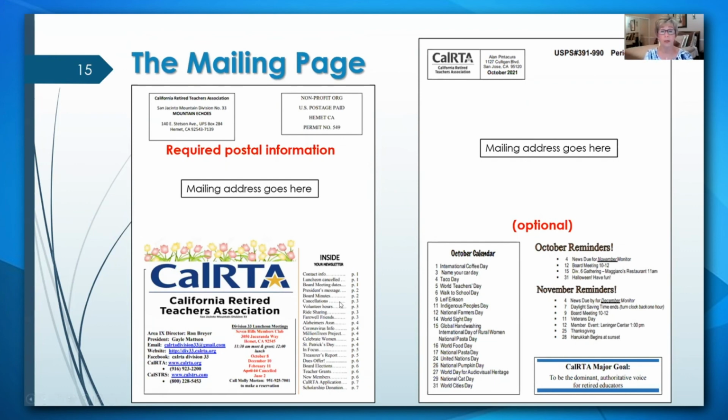You can have your table of contents here. You can have your calendar. Here they have CalRTA's major goal put in there. So you can customize this lower half however you want. So do whatever you need with that mailing page, but keep the upper portion reserved for this information. Leave space for that mailing label, and then customize the bottom half as you like.